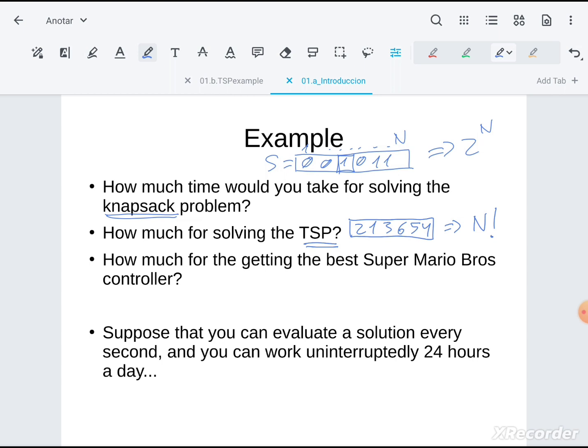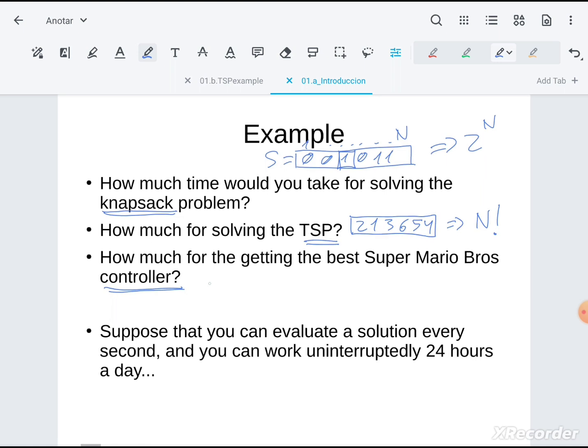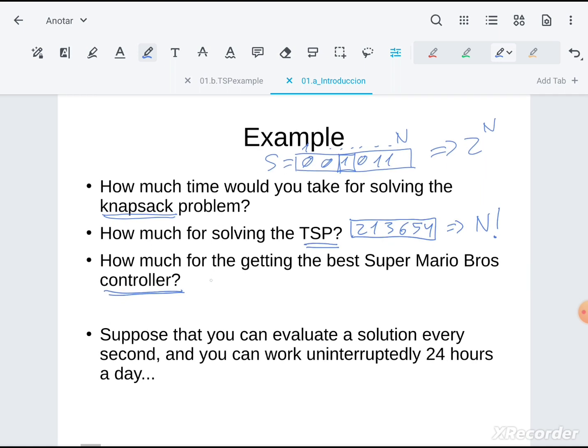And if you have the problem of designing a controller for Super Mario Bros or another robot, agent, or system, then you will need to evaluate all the possible programs you could write for this system. So the number of possible programs is also very high.